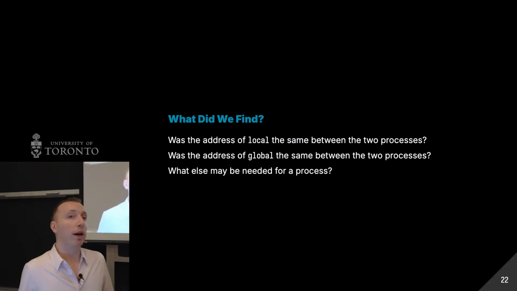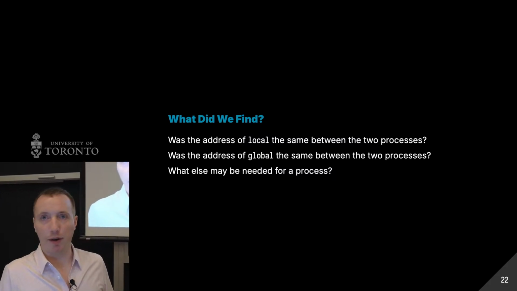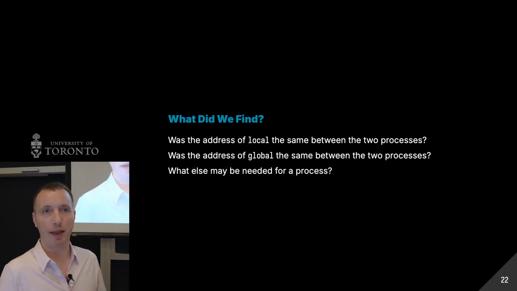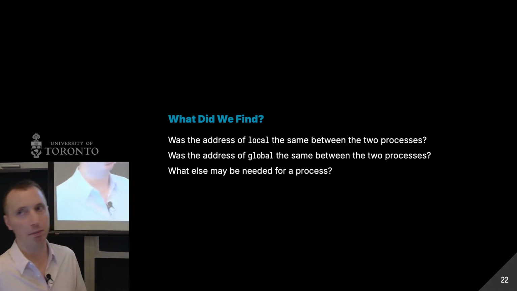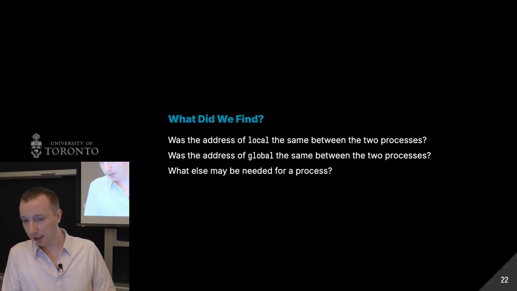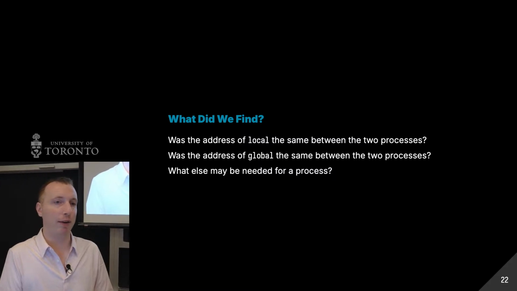So what else might we need for a process? We have virtual registers, and then we have virtual memory, and that would contain our stack and our heap and our globals and everything else. So can we think of anything else we might need for a process?